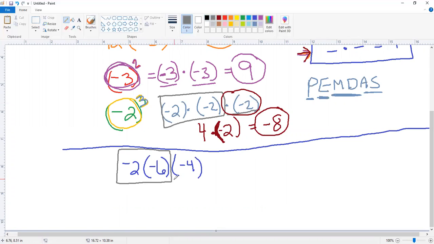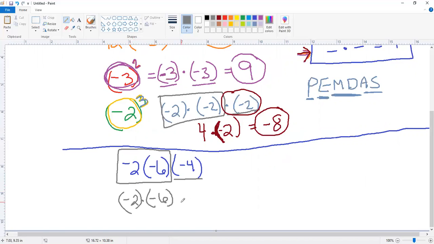We're going to get to this third number, but we remember with PEMDAS, we multiply or divide from left to right. So we're going to go with the first 2 numbers on the left, and then we're going to eventually get to the other numbers as we work our way across, kind of like our math sentence. Just like you read from left to right, in math you also read from left to right, even though we're not reading. So we have -2 times -6.